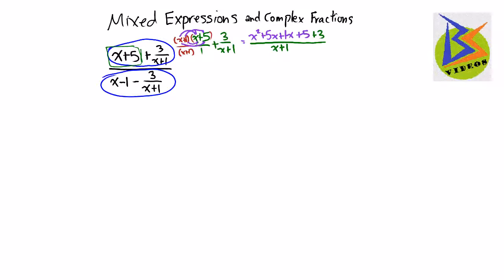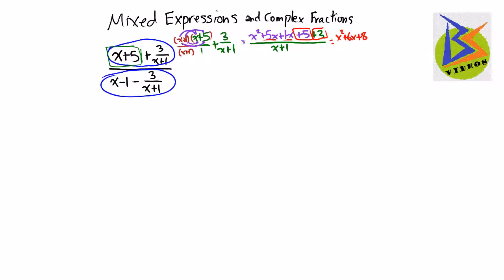Okay, let's simplify that down. We'll combine like terms. So we have a positive 5x and a positive 1x, which is 6x. And so we have x squared plus 6x plus, and then we look at positive 5, positive 3 is a positive 8. So we have on the top x squared plus 6x plus 8.